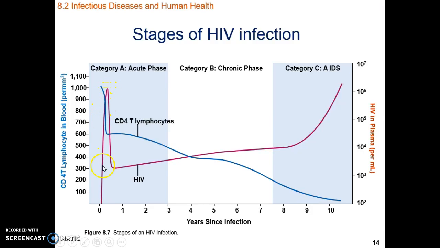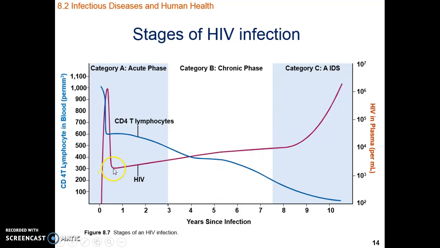And then soon after infection, and I don't like this graph because it doesn't break that first year up into months or weeks, which gives you a better time frame. But this time right in here, this high peak and this dip, is probably about 3 months on average. And so initially you have the virus load peak, and then it comes down.